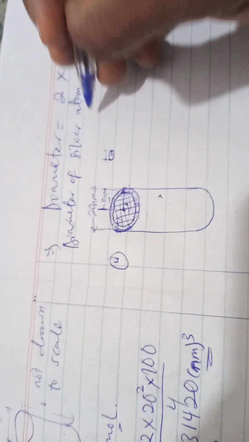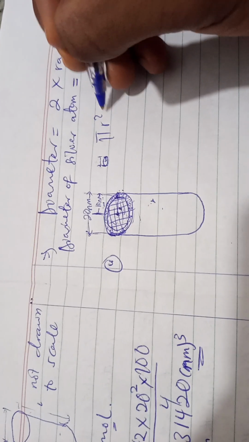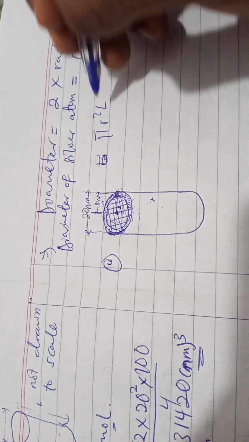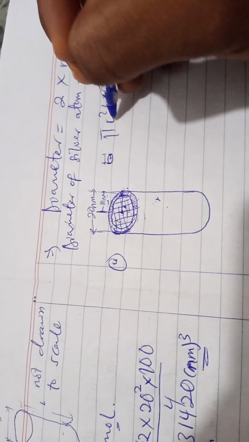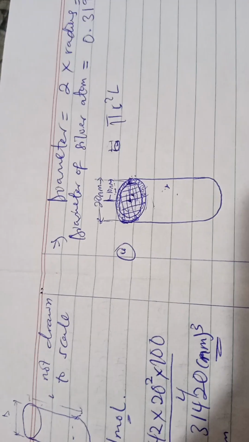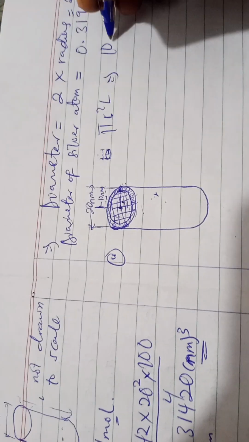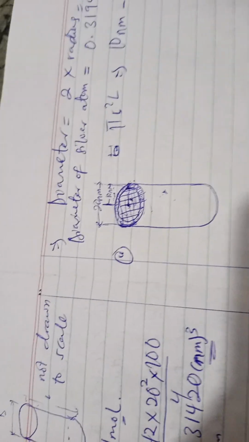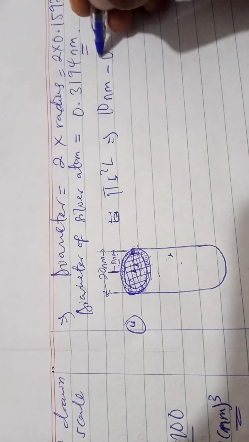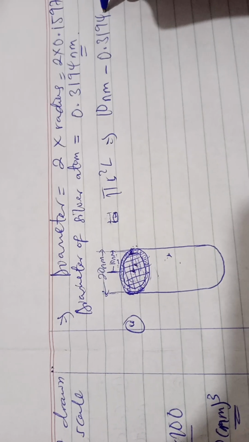We know volume is pi r squared L, so we need to find our radius R. That will be 10 nanometers minus the diameter of the atom, which is 0.3194 nanometers.